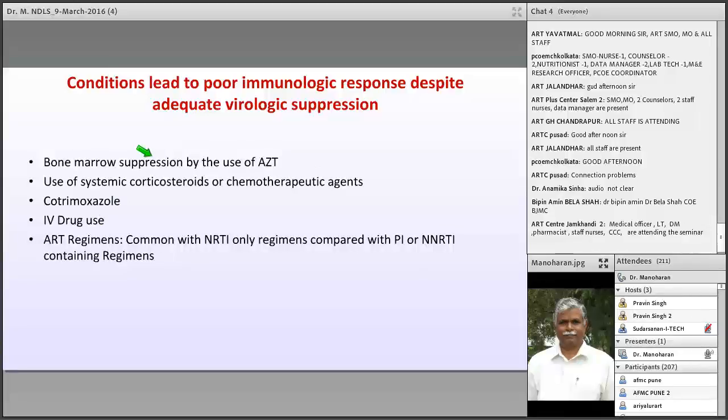One is the bone marrow suppression by the use of azithromycin, that is AZT, use of systemic corticosteroids and chemotherapeutic agents, use of cotrimoxazole. IV drug use is associated with poor immunological response, and so are some ART regimens. It is common with NRTI only regimens compared with PI or NNRTI containing regimens.